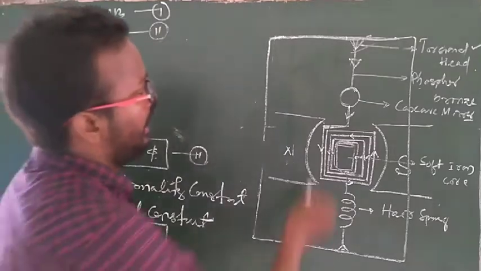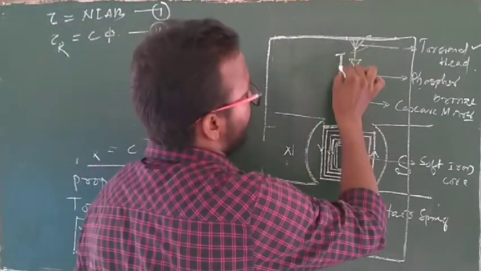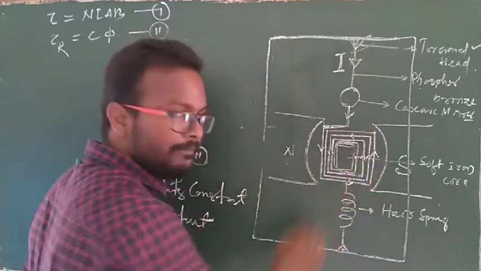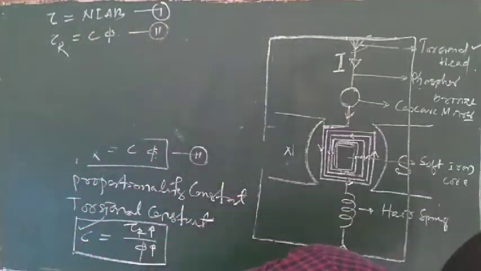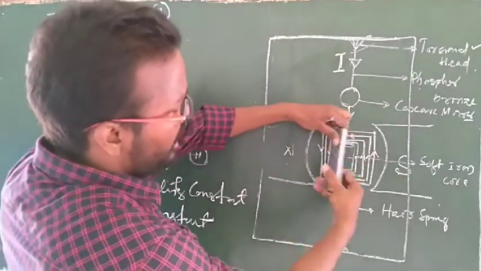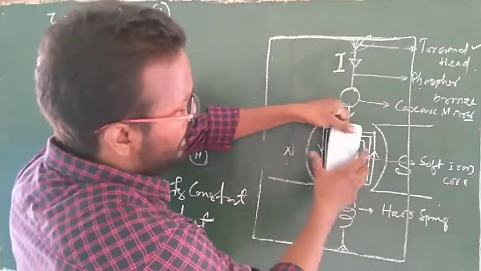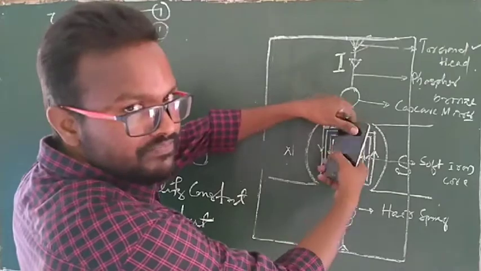Clear? Okay. And here I is the current flowing through the coil, and the coil rotates inside a radial magnetic field.